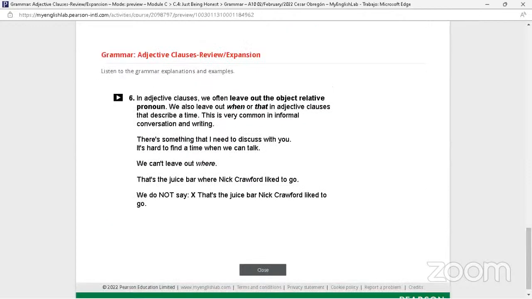And 6. In adjective clauses, we often leave out the object relative pronoun. We also leave out when or that in adjective clauses that describe a time. This is very common in informal conversation and writing. There's something I need to discuss with you.